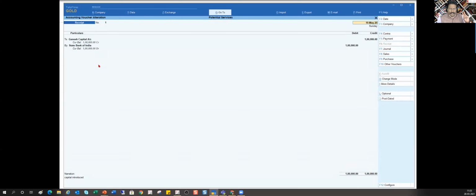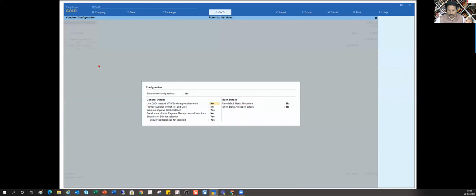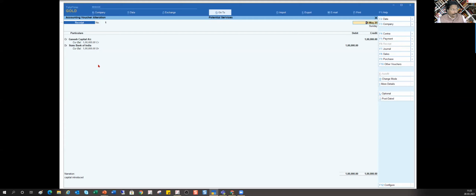So there are two methods of capturing payment, receipt and contra entry: single entry mode and double entry mode, right? And for the symbol for debiting and crediting, you have your normal debit credit. If you are not comfortable with it, you can move to to and by also. So I can come back here again and say yes, I want debit credit because I'm comfortable with it.